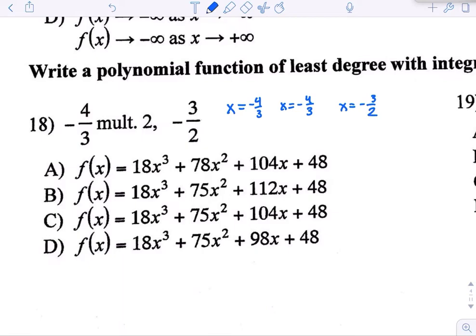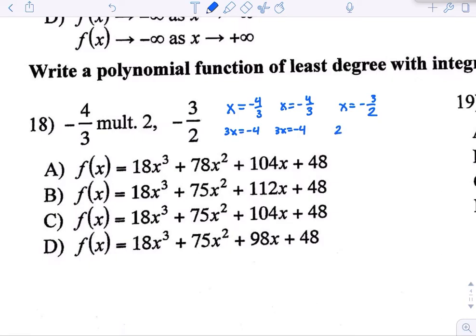Now, to put all these in polynomial form, we don't like fractions, so we have to multiply and try to get rid of the fractions. So for the first two, multiply both sides by 3. So we're going to get 3x equals negative 4, 3x equals negative 4. And for this one, multiply both sides by 2.